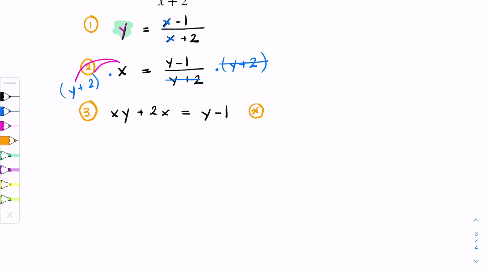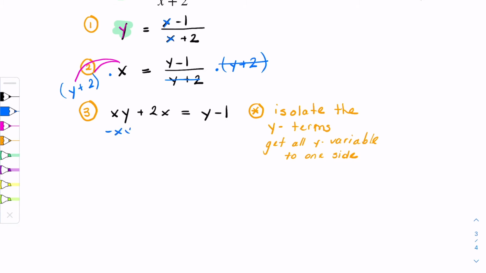We want to solve for y, so let's isolate all y terms, or get all y terms to one side of the equal sign. To do that, I'm going to subtract xy from both sides.